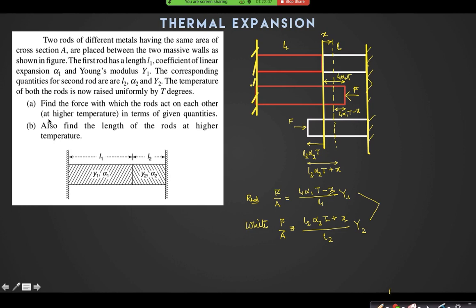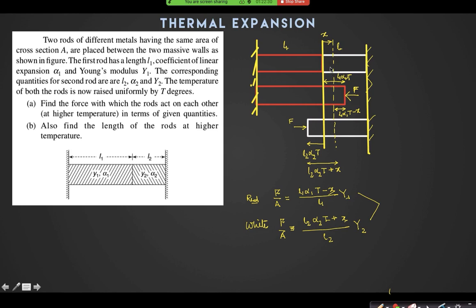And the length of the rods will be L1 plus X and L2 minus X. The red color rod will now be L1 plus X, and the white rod will be L2 minus X. I thought the rods would retain their original lengths.